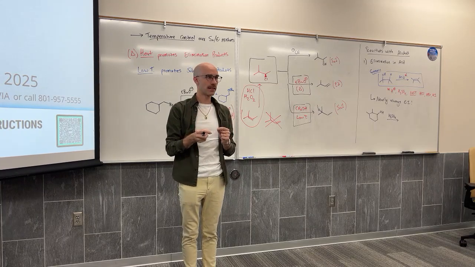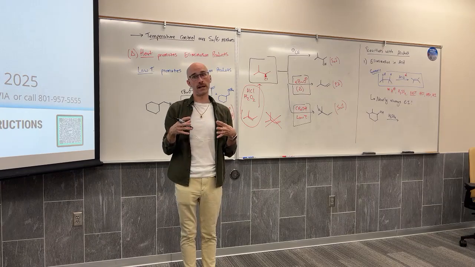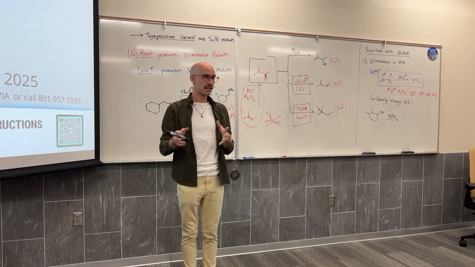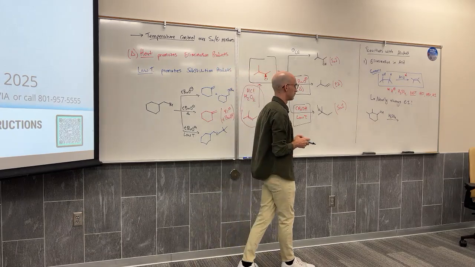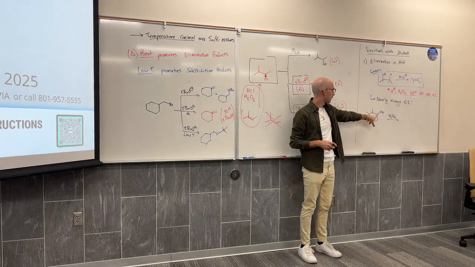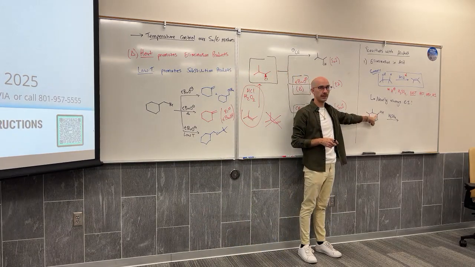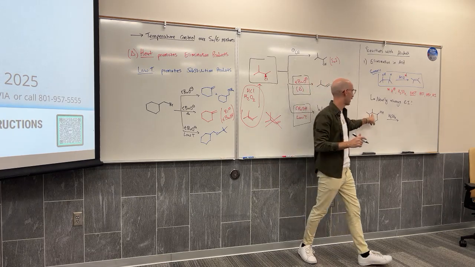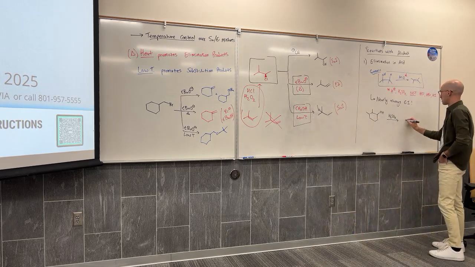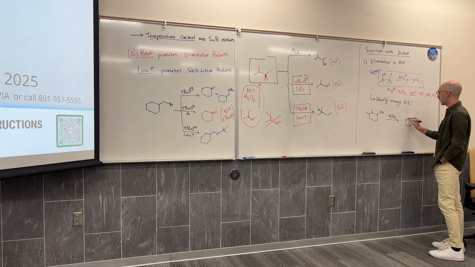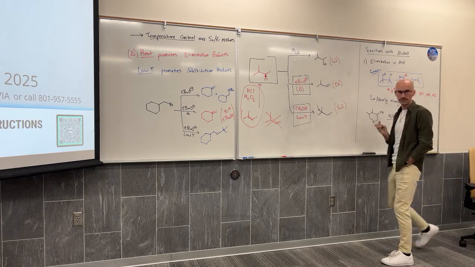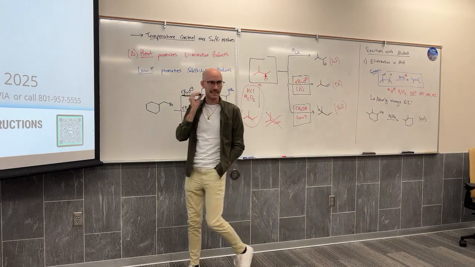I have to pay attention to possible carbocation rearrangements and then the Zaitsev alkene. The carbocation that forms here rearranges to a tertiary carbocation. And that tertiary carbocation can be eliminated into 1,2-dimethylcyclohexene.